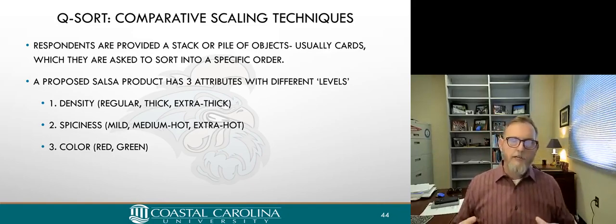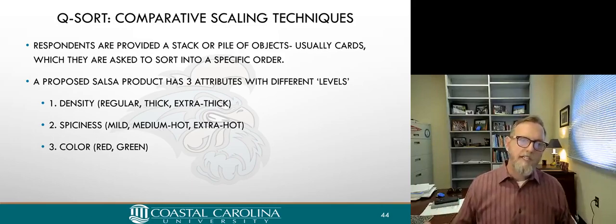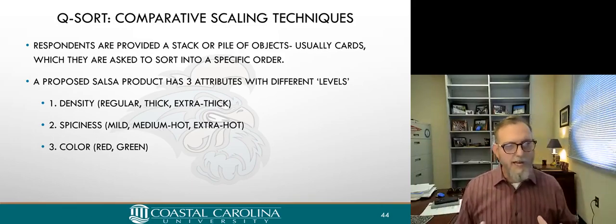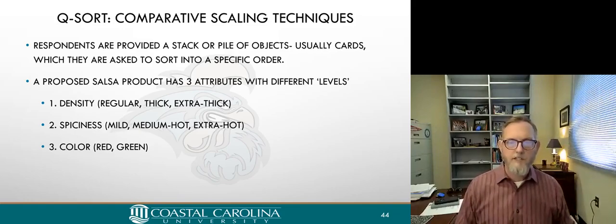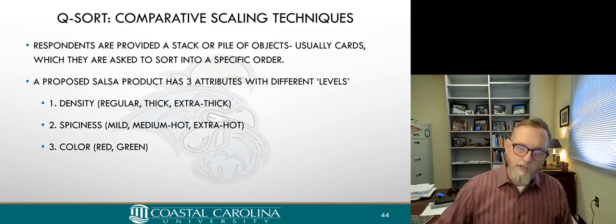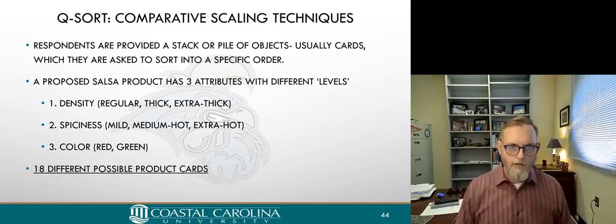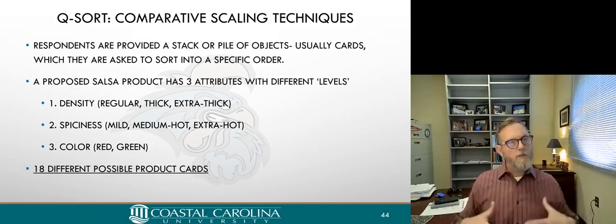Now, we have 3 attributes here. Now, if we multiplied the levels together, we would get a total number of possible products we could possibly have if we intermixed all of these attributes. So we have 3 density times 3 spicy times 2 color, which gives us 18 total possible products.